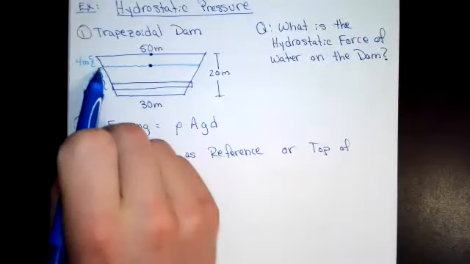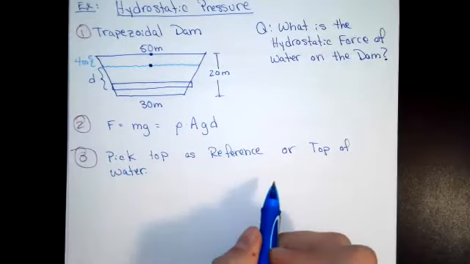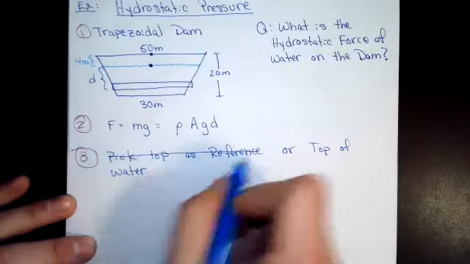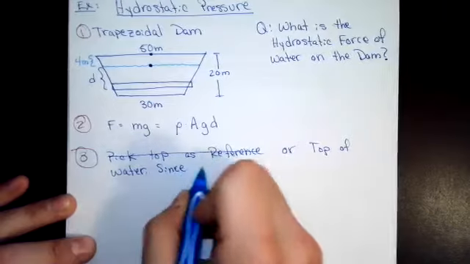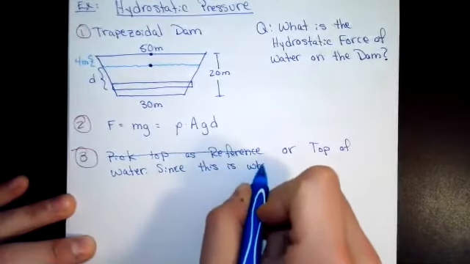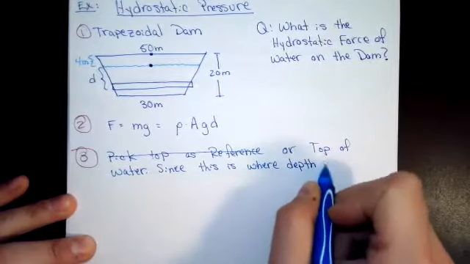Really what we're measuring is just the depth, but where's our reference point for the depth? Let's pick the top of the water, since this is where depth is measured from.